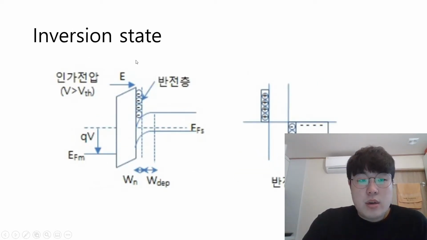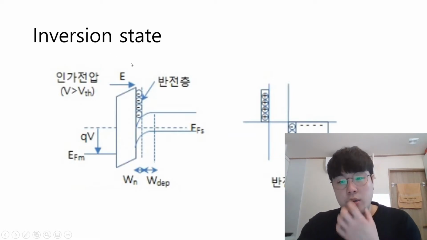And last is the inversion state. When we apply a strong positive voltage at the gate, the minority carriers, the electrons, gather at the oxide interface. When the electrons accumulate at the oxide interface, that acts like a negative channel.